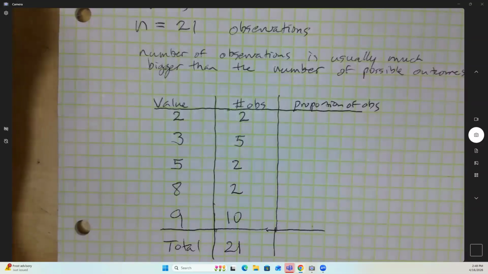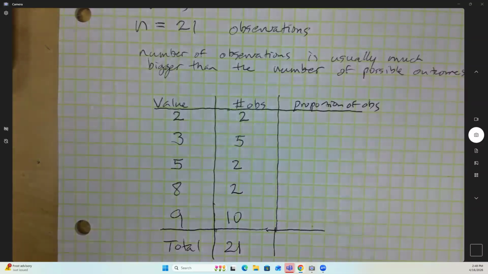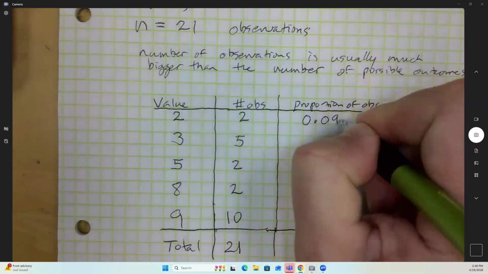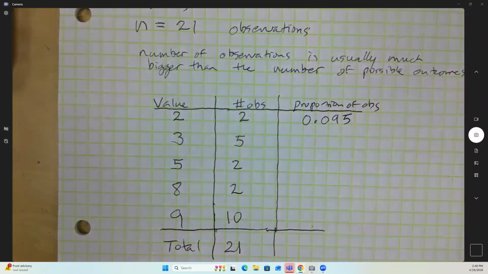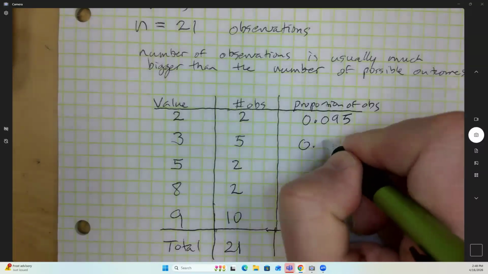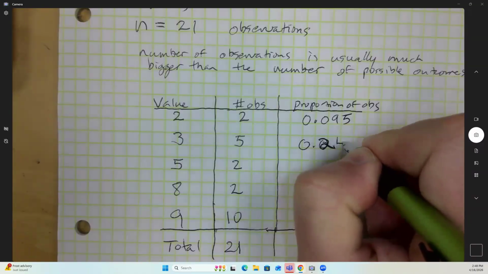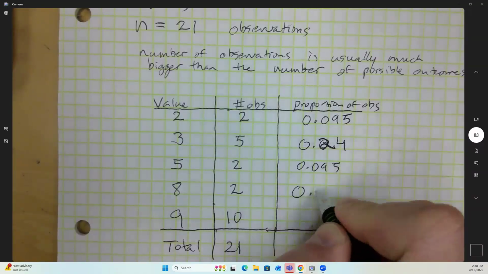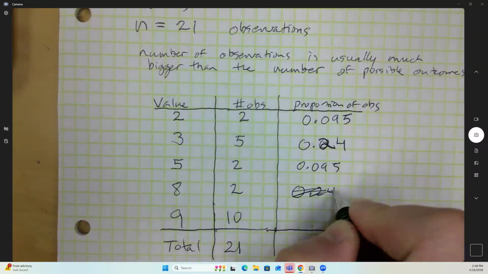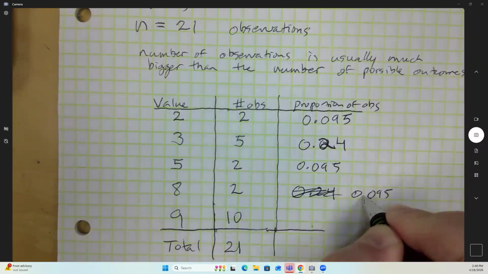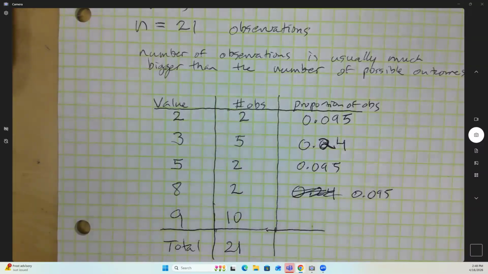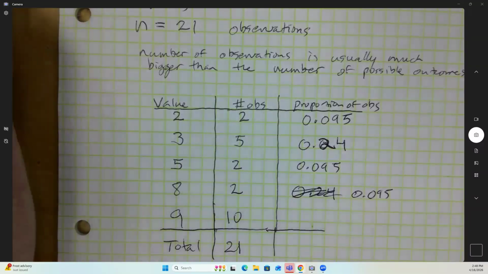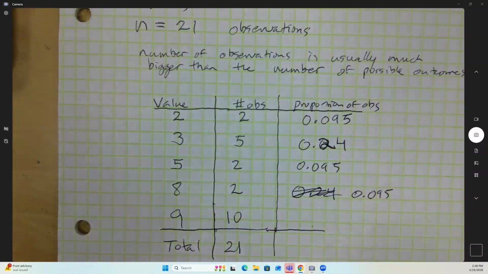So we got 2 out of 21 is 0.095. 5 out of 21, 0.24 approximately, 0.24, and another 0.095, 0.095, and 10 out of 21 is going to be just less than 50%, 0.48.